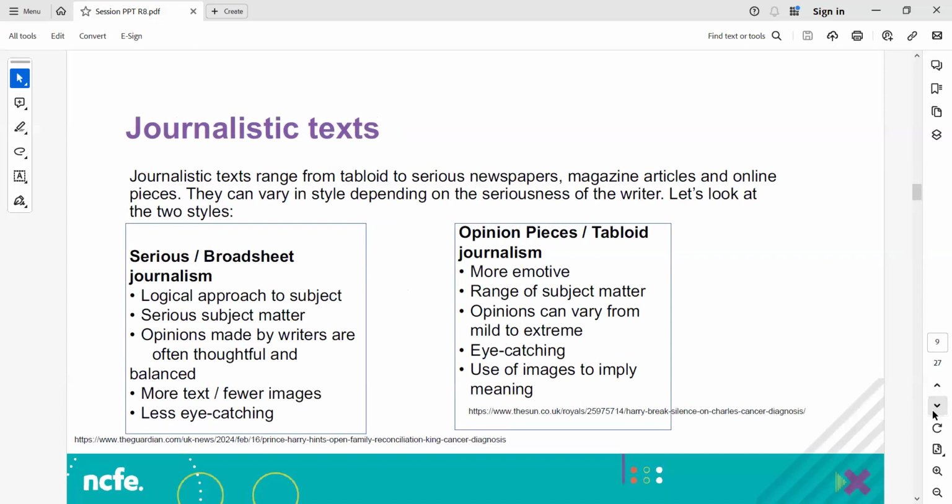And then serious, or they'll sometimes be called broadsheet newspapers, The Times, the Financial Times, the Independent, called broadsheets because many years ago they were double the size. So they literally were a broadsheet. They were a big newspaper.